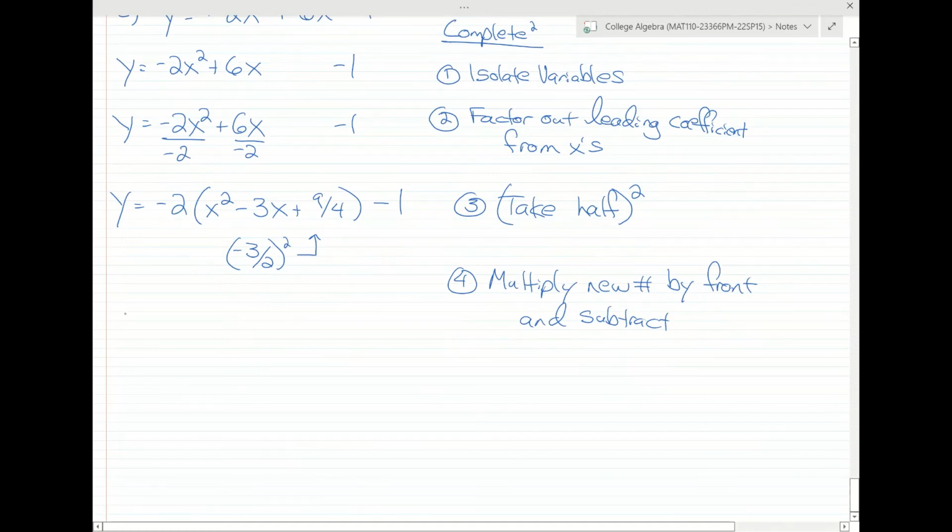So what this is going to turn into is the new number was 9/4. Multiply that by -2, which is -9/2. And then we're going to subtract it.